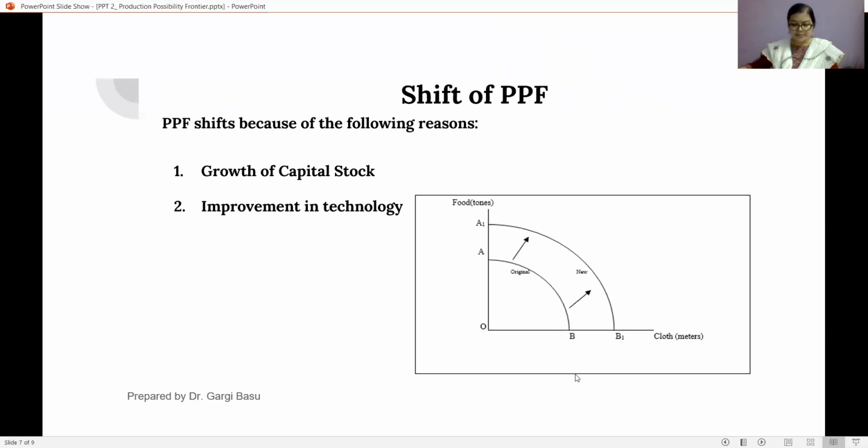As a result, the problem of scarcity gets magnified more and more as time progresses. Thus, it cannot move to the point M, which I have already shown in my previous diagrams.